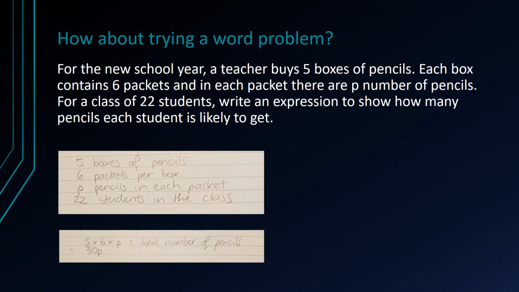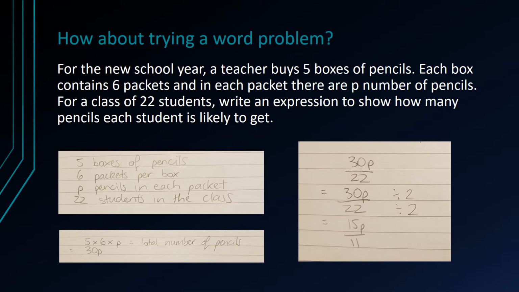So 5 times 6 times p is going to give us the total number of pencils. So the pencils in each packet times the packets per box, and then multiplied by the number of boxes of pencils there are. So 5 times 6 times p gives us the total number of pencils. And there we get 30p.